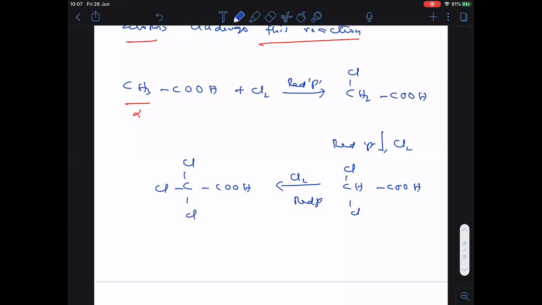So in every step, one alpha hydrogen is substituted by the halogen. Such a reaction is said to be the HVZ reaction. So please copy this one.